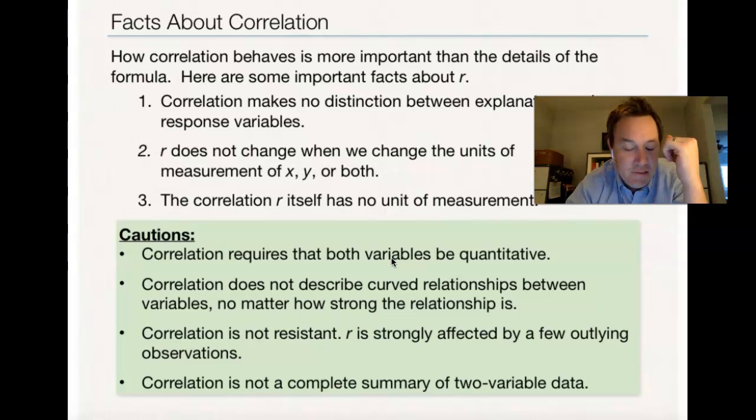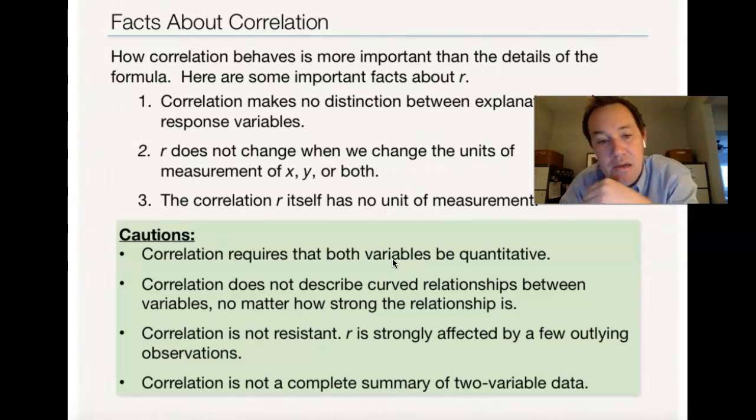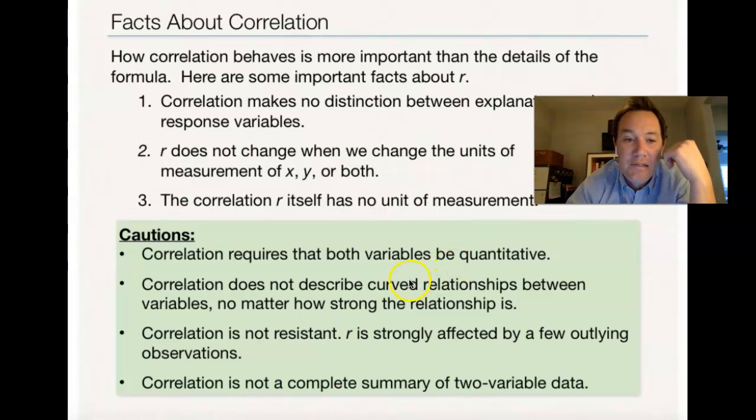And it doesn't make sense to say that a relationship between categorical variables is linear. So what they mean in that case is that color is associated with your impulse to buy something. That's why they always put red at the front of a store. So correlation requires that both variables be quantitative.